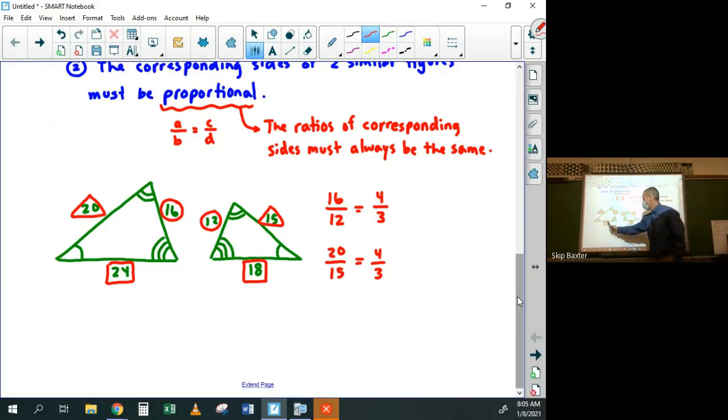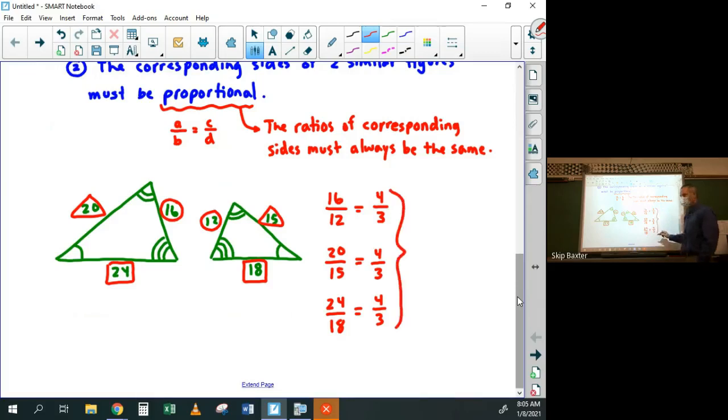And if I were to take 24 over 18, it also simplifies to 4/3. So since these are all the same, the sides are proportional.